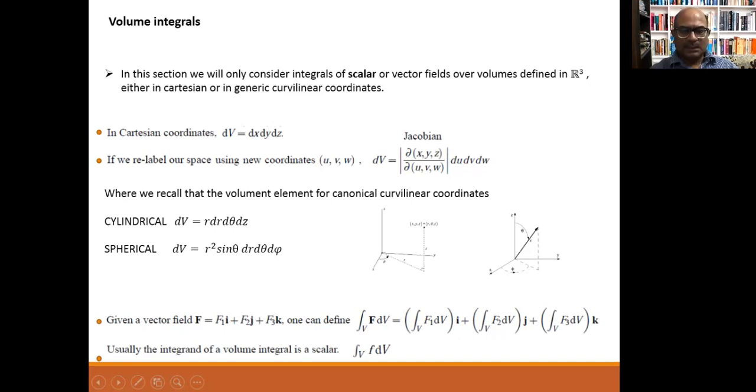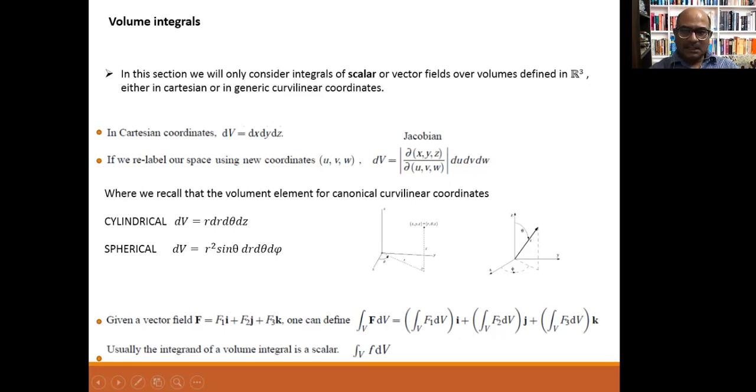So usually the integral of a volume integral is a scalar. You know that volume is a scalar quantity, so whatsoever value comes from this integral will be a scalar value. And because the volume comprises at least three parameters, the length, breadth, and height, we can easily calculate it.